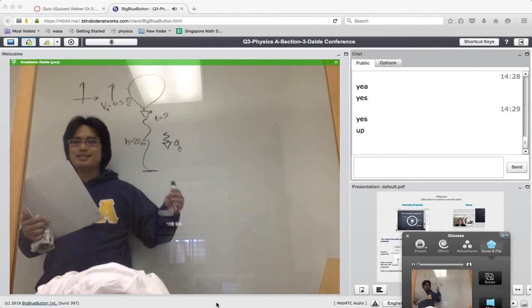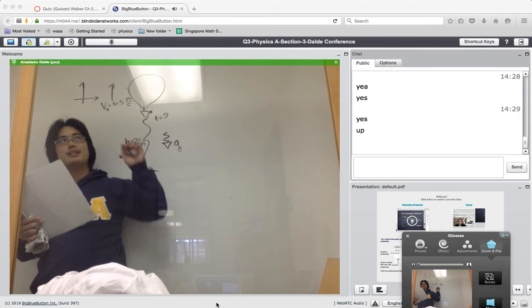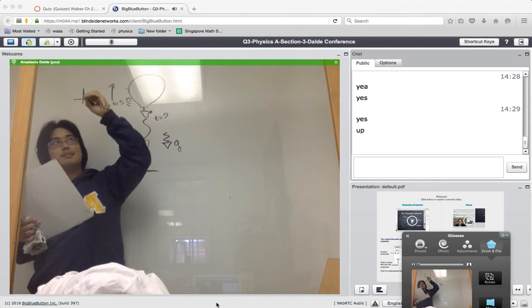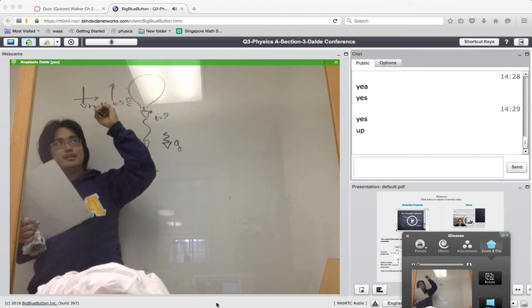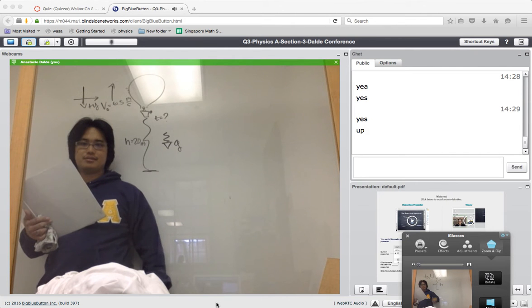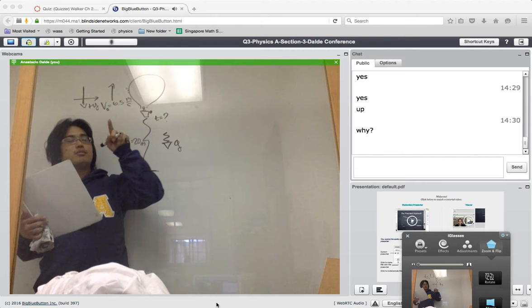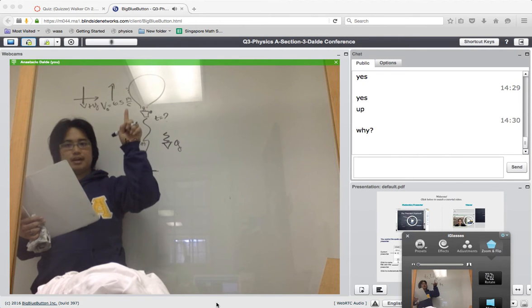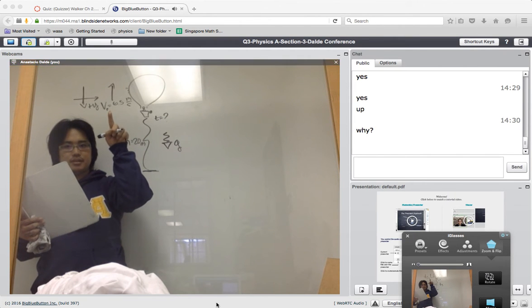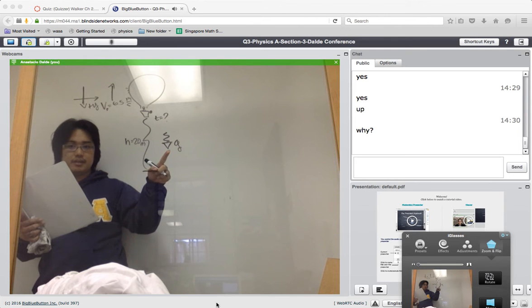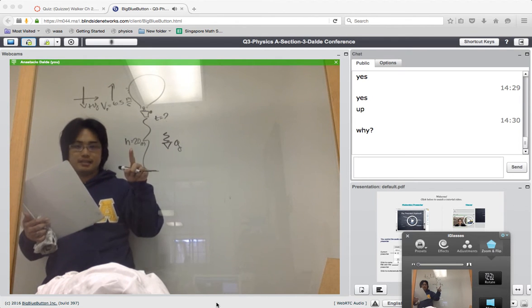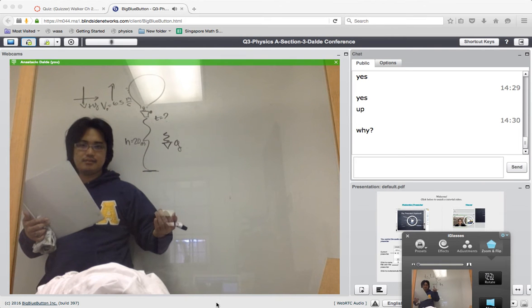In this particular case, down as the positive y direction is the advantage. Would you like to know why? Because there's only one thing that is pointing up, that's this one. But there are two things pointing down: one is the gravity, and the other is the height. Does that make sense to you?